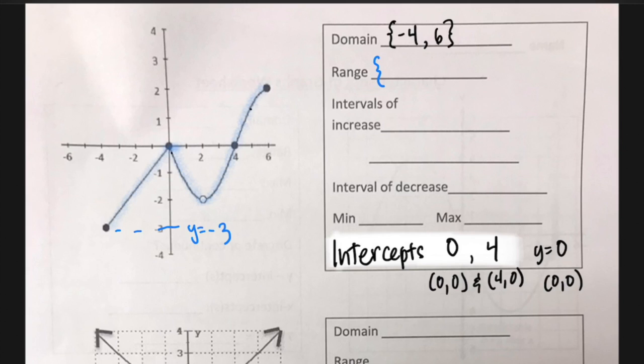So that's going to be my range: y is -3 all the way up to y is 2. And the two points that, of course, mark those ranges are my lowest point, which is (-4, -3), and then my uppermost point, which is (6, 2). And we're going to talk about those points in just a little bit.